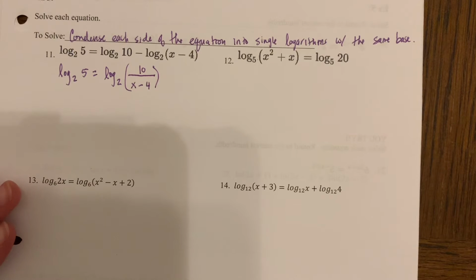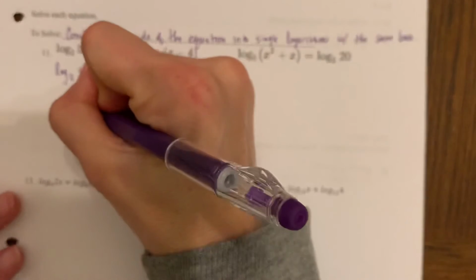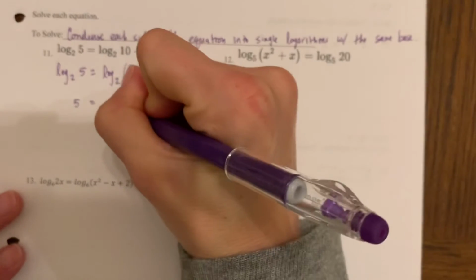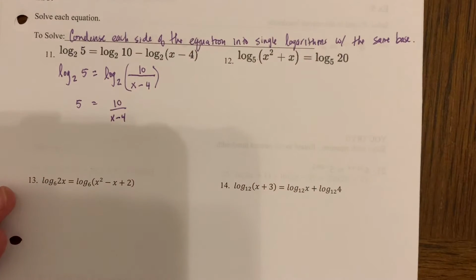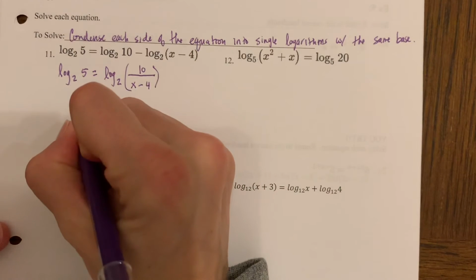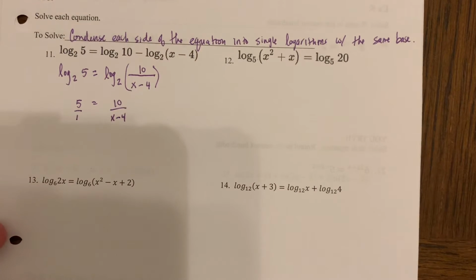Now that each side of the equation is a single log, both with base 2, I can set the expressions 5 and 10 divided by x minus 4 equal to each other. I can turn 5 into a fraction by putting 5 over 1. Now I have a proportion and I can cross multiply.